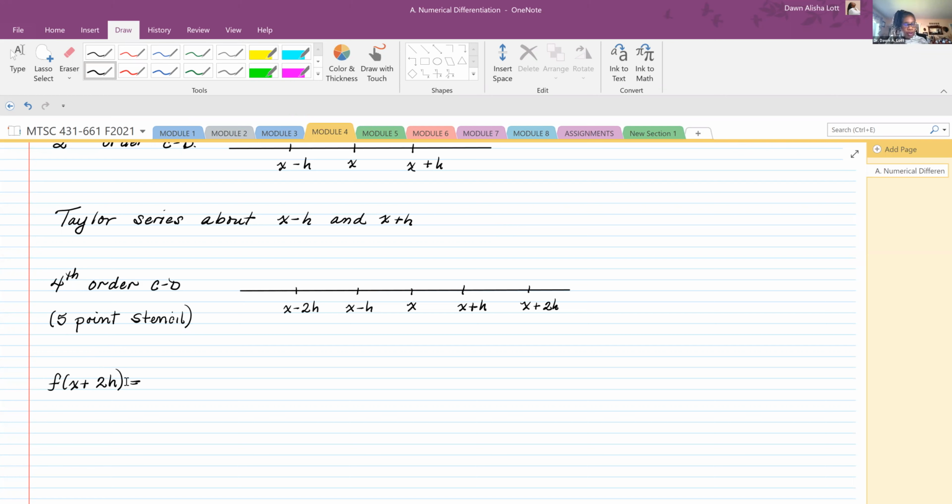So for f of x plus 2h, I'm going to get f at x plus f prime of x times 2h plus f double prime at x times 2h squared over 2 factorial plus f triple prime of x times 2h cubed over 3 factorial.